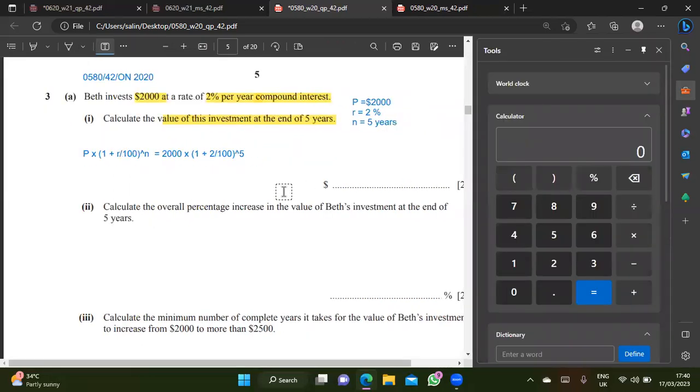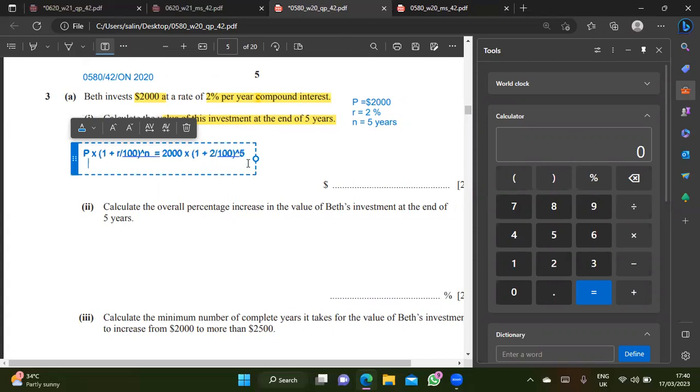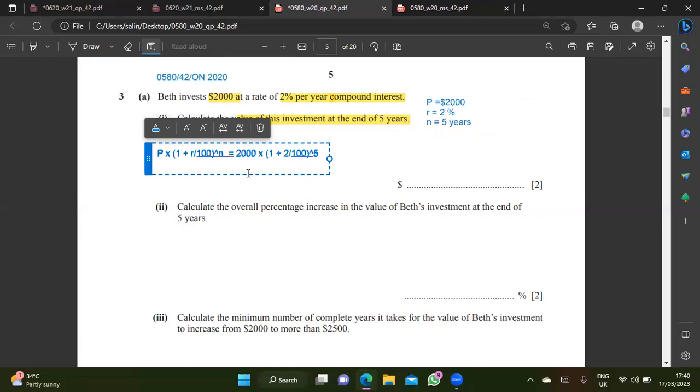Inshallah. What you can do is try to simplify the one in the bracket first. It is not advisable to put it all in the calculator at once. Well, you can do it in the calculator if you want, but to avoid careless mistakes, just leave 2,000 there, multiplied by 1 plus, now 2 over 100 is actually 0.02.